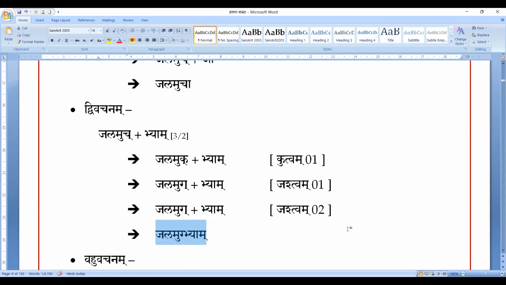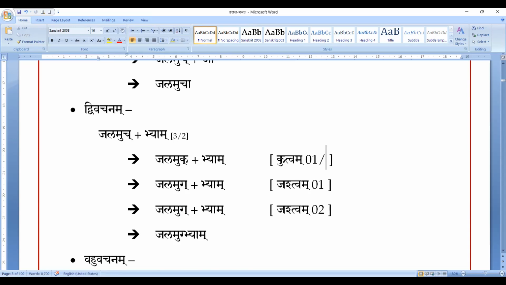Understand? Because the pada status is given, therefore kutva vidhi and jashtva vidhi 1 can be applied. After that, by jashtva vidhi number 2, the same thing. Jashtva vidhi also ordains only a jash letter, and already a jash letter is there. Still you have to apply it for the sake of applying. Understand? So jalamugbhyam.